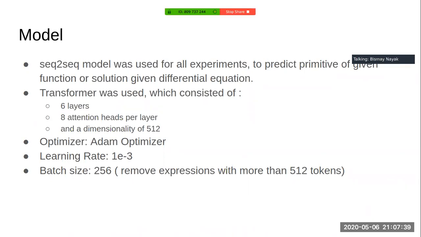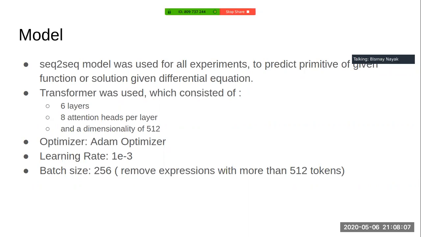The architecture that they chose to use here was transformer. The transformer consisted of 6 layers, 8 attention heads per layer, and a dimensionality of 512. So I'm guessing the maximum length of possible expression would be 512, because after that it would just get divided up, right?